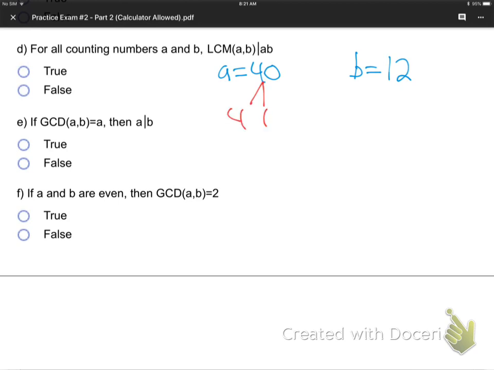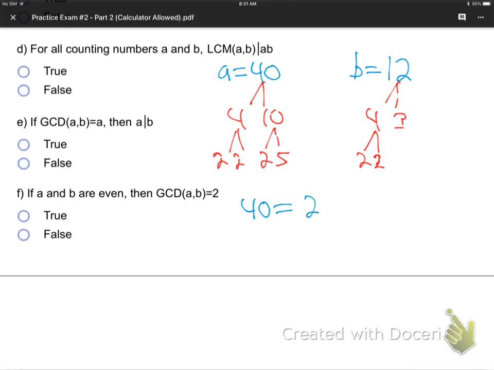If I break this down, 40 is 4 times 10: 2, 2, 2, 5. And 12 is 4 times 3: 2 times 2 times 3. So 40 is 2 cubed times 5, right? Three 2s and a 5. 12 is two 2s and a 3.